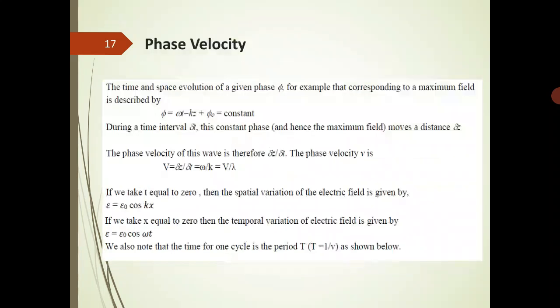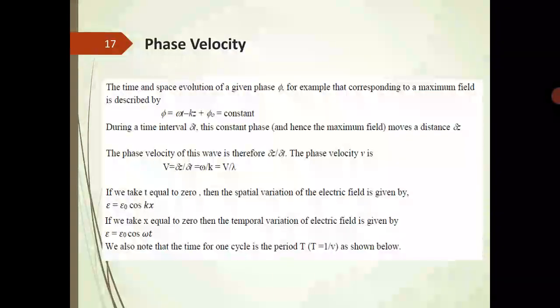So I am going to find the phase velocity of the light signal. With respect to time and spatial evolution, the given phase is considered at a maximum field. So phi is equal to omega t minus k z plus phi naught, equal to a constant value.